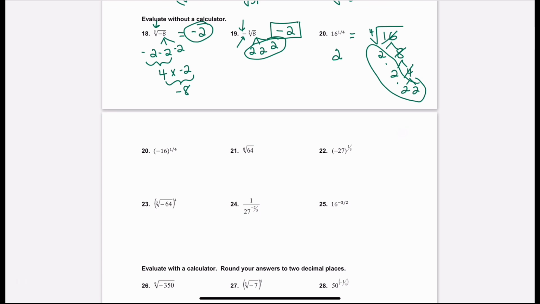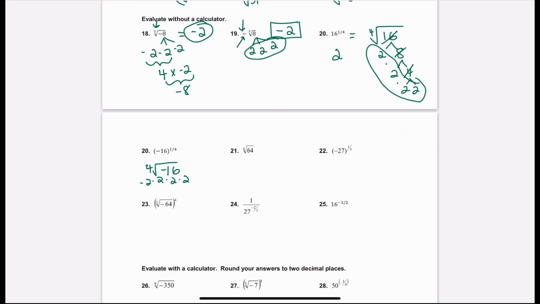Number 20, we have -16 to the 1/4 power. This is equal to the 4th root of -16. I'm looking for 4 numbers that multiply by themselves to equal a -16. So 2 times 2 is 4 times 2 is 8 times 2 is 16. But we are looking for a -16.